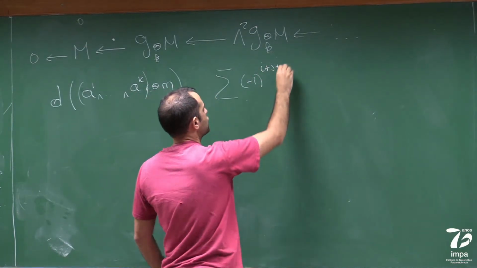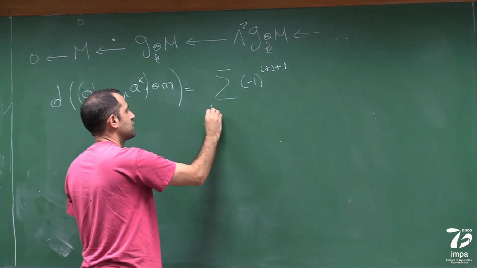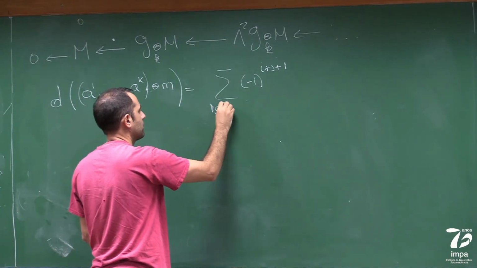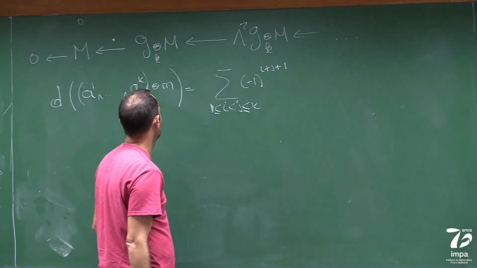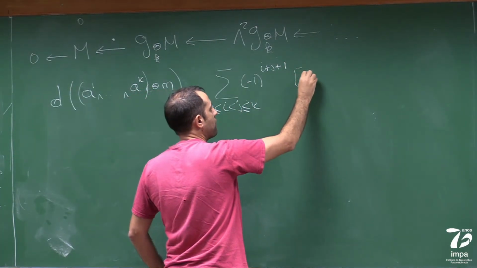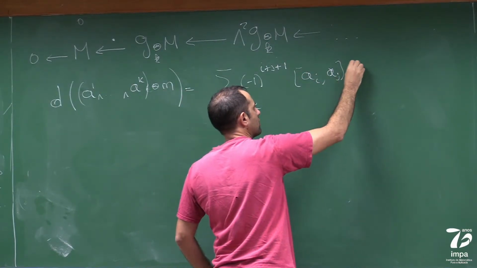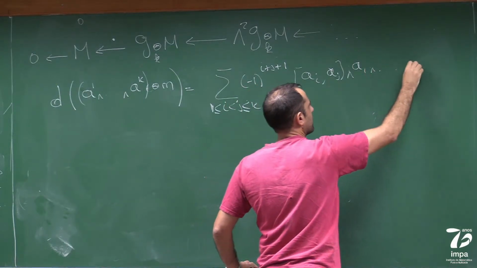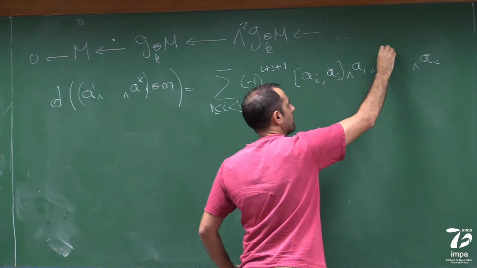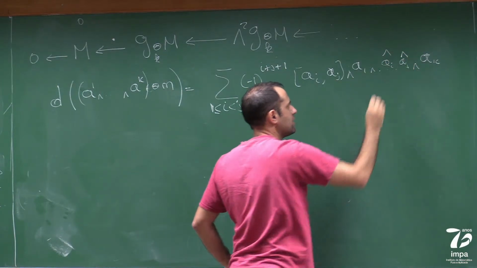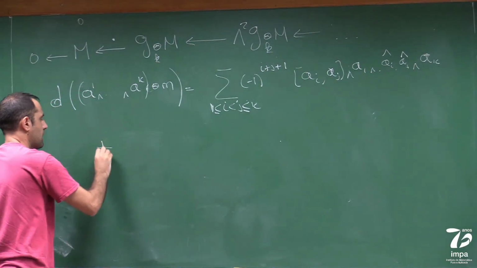And now I actually may get the sign wrong, so I reserve that right, and I'll correct it in a second. So this is the sum over I less than J less or equal than K, same thing as before: the bracket of AI with AJ, wedge A1, wedge AK, where I and J are missing. So this little hat here means those two are not there in the sum.